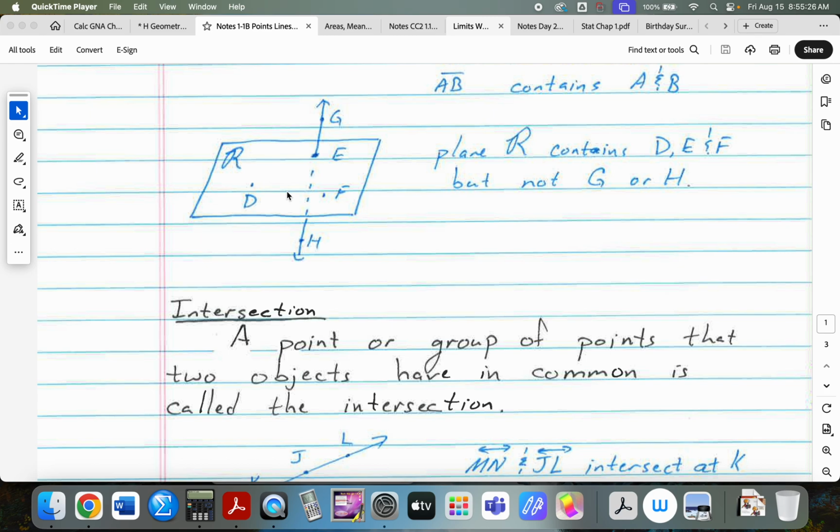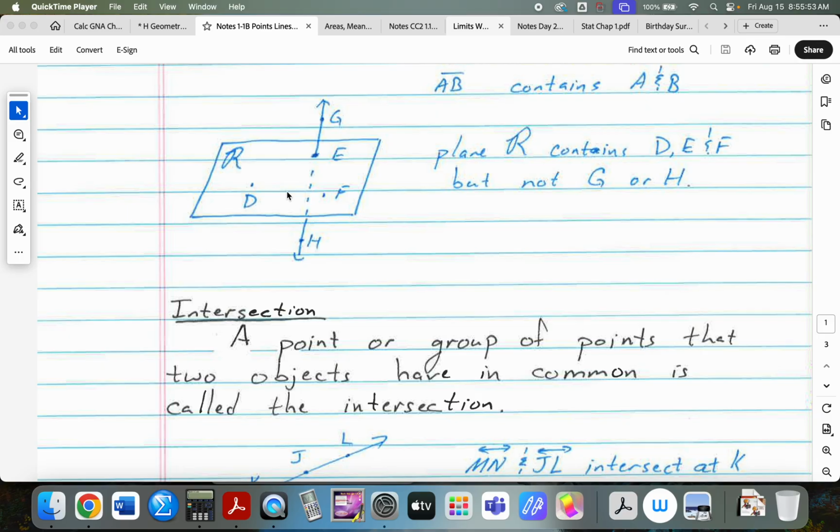So what this looks like is that, from where you're sitting, can you see all of the pencil? No. That's the part that on this diagram is dotted. So G is up here above the plane someplace. And H is somewhere down here below the plane.